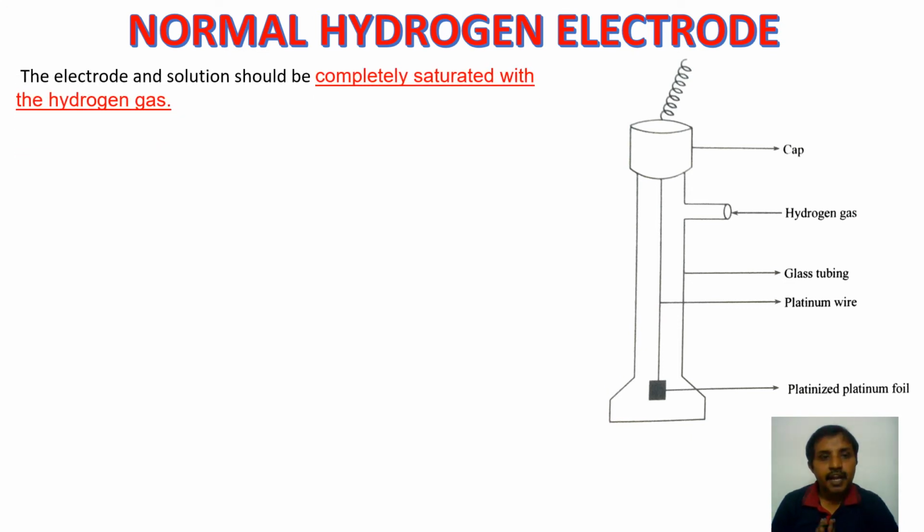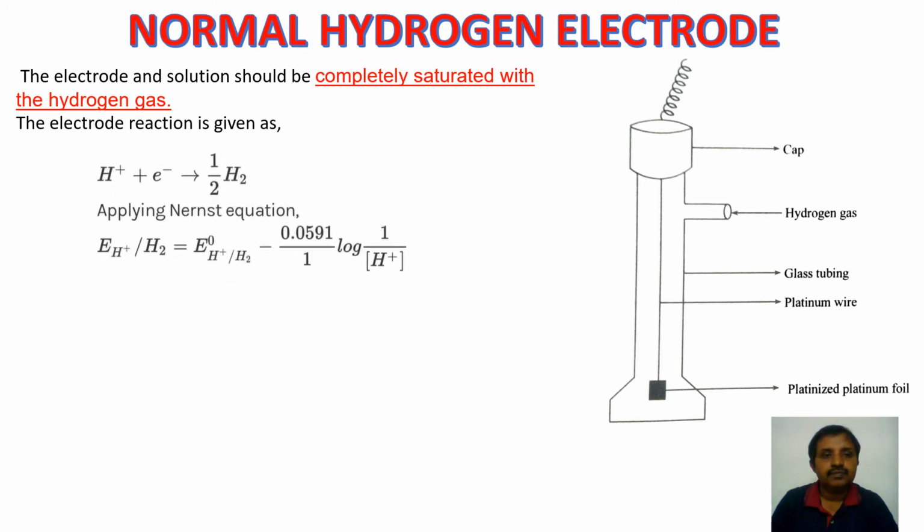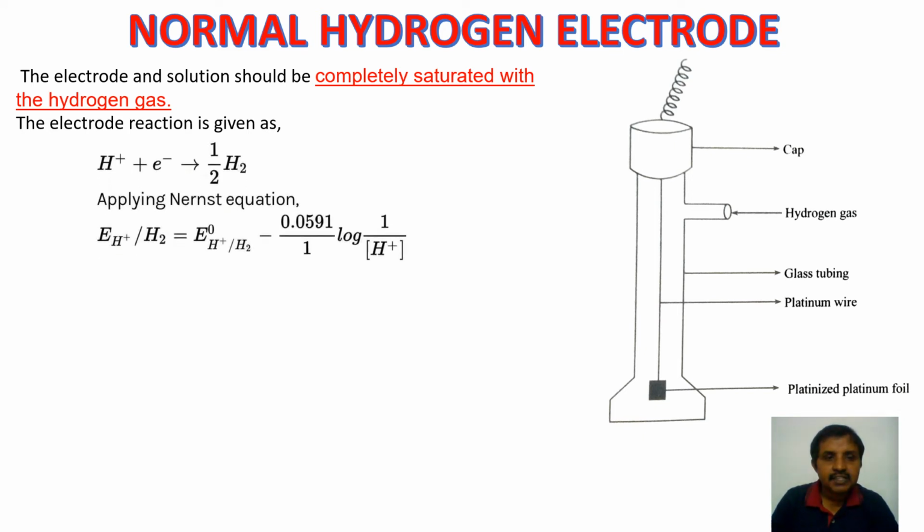Here, the electrode and the solution should be completely saturated with hydrogen gas. And the electrode reaction is given as H plus, on receiving one electron, gives 1/2 mole of hydrogen gas.